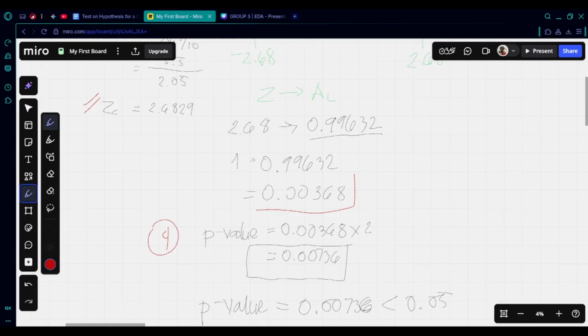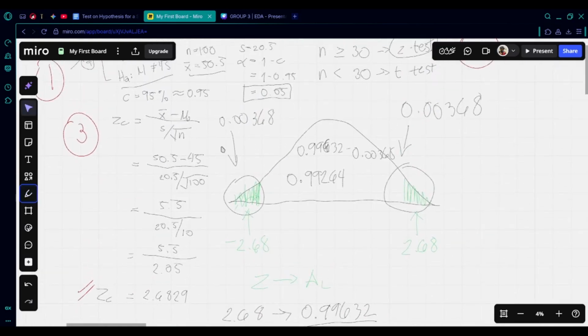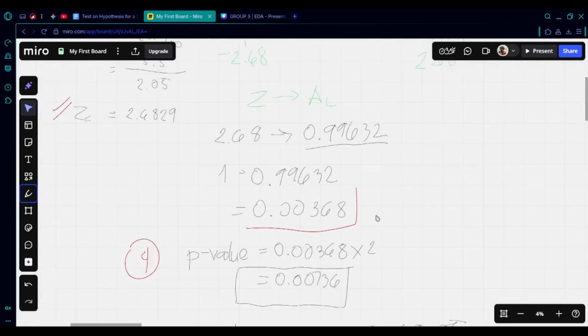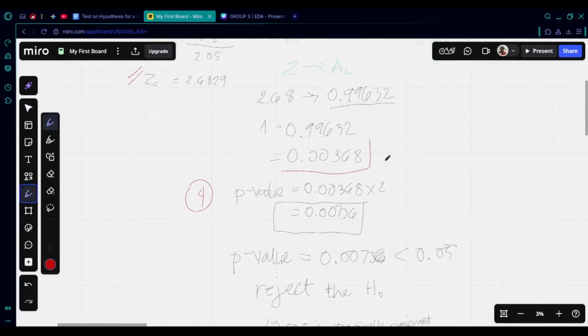Since it is the same on the left side, which is 0.00368, as well as the right side, originally we add the two values of the tails, left and right, but in this one we have the same values, so we just multiply. So that's it, we have gotten the value of the p-value.